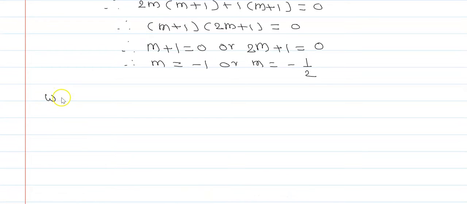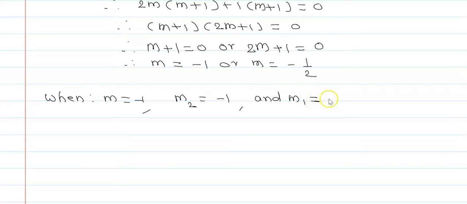Again, when m is equals to minus 1, that is m2 is equals to minus 1 and m1 is equals to 2 times m2, that is equals to 2 into minus 1, it's a minus 2.